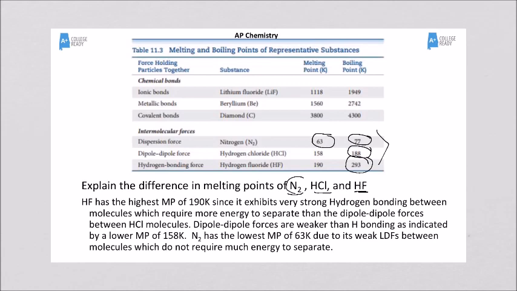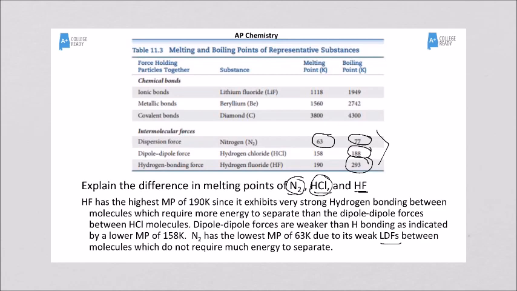So N2 we should recognize as nonpolar. So what holds together nonpolar molecules? Well, the only choice there is LDFs, so that's why it has the lowest melting or boiling point. It doesn't take much energy to separate. HCl is a polar molecule, but not eligible for hydrogen bonding, so we should indicate that there are dipole-dipole forces between the HCl molecules.